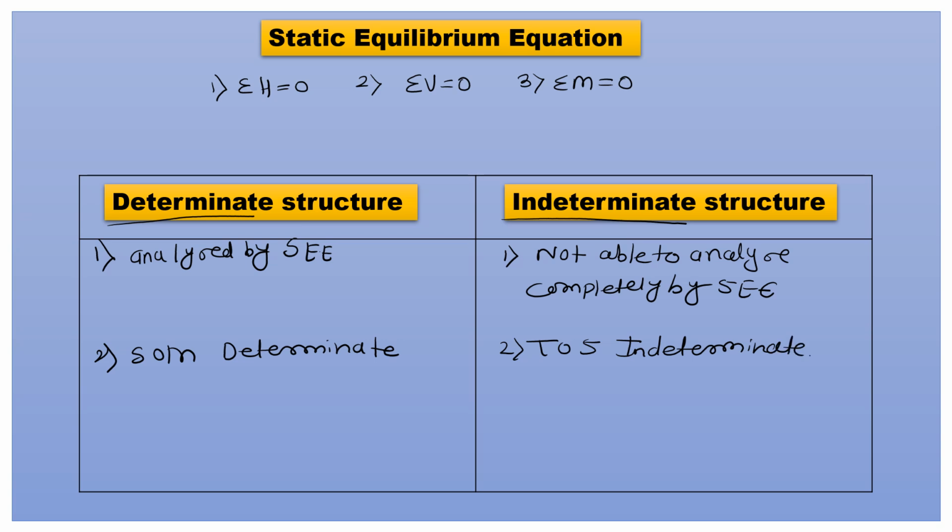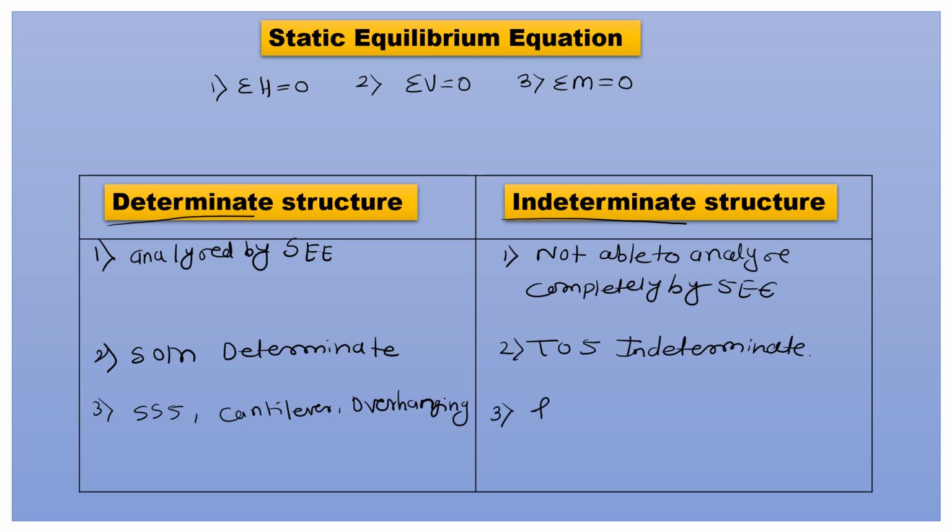The examples for determinate beams are simply supported beam, cantilever beam and overhanging beam. These are the beams which are calculated fully by static equilibrium equations.